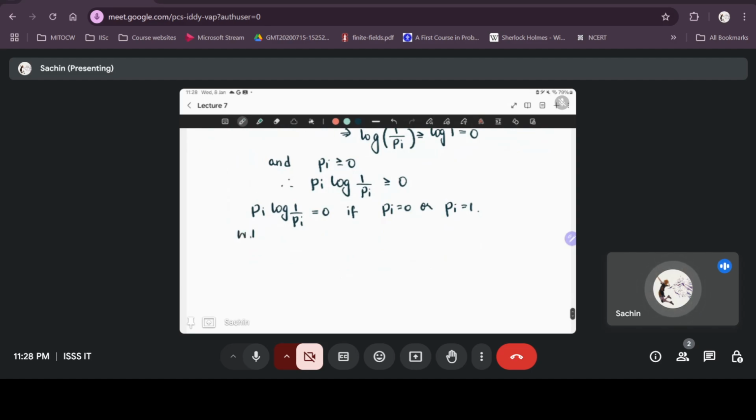We know that h of x is greater than or equal to 0 for any random variable, that is h of vector p is greater than or equal to 0.